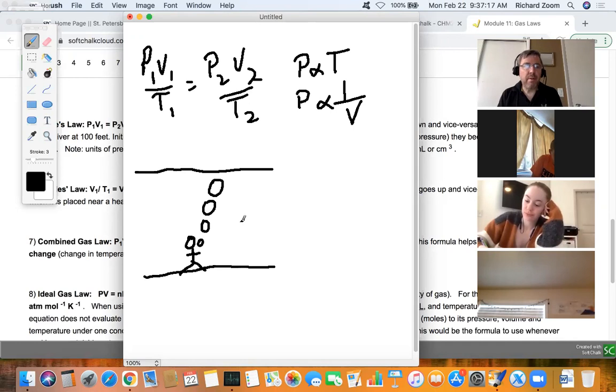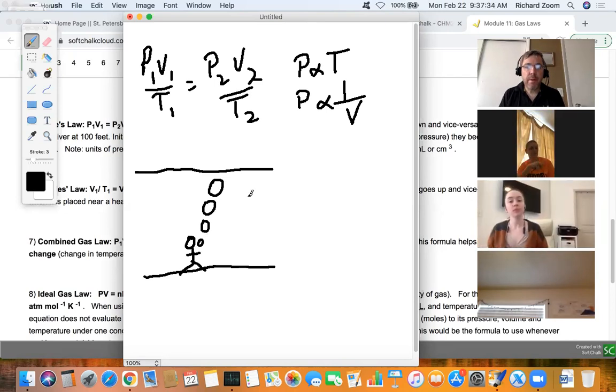If somebody breathes air out underwater, initially you'll see a small bubble, and then the bubble will get larger as it moves to the surface. So what we're talking about there is volume increasing because pressure is decreasing. Anybody have any questions about this? So that's an inverse proportion where pressure is directly proportional to 1 over V.